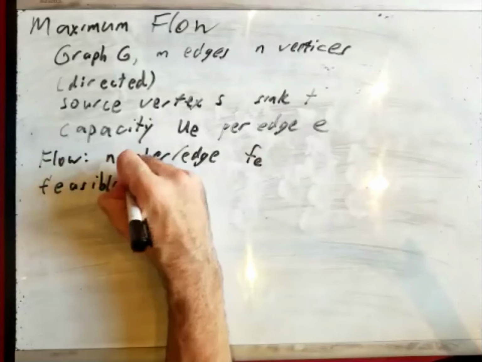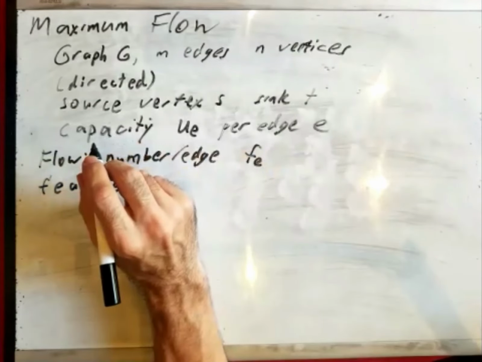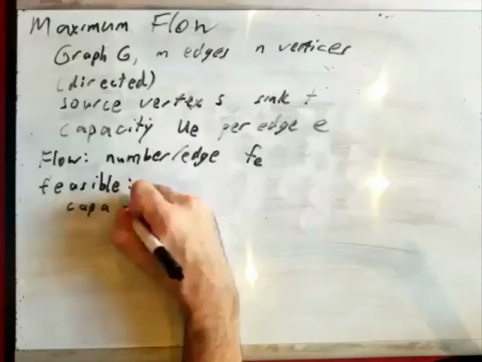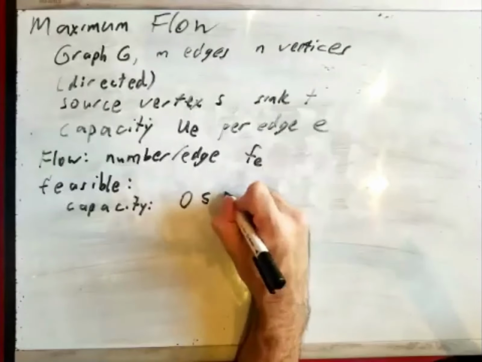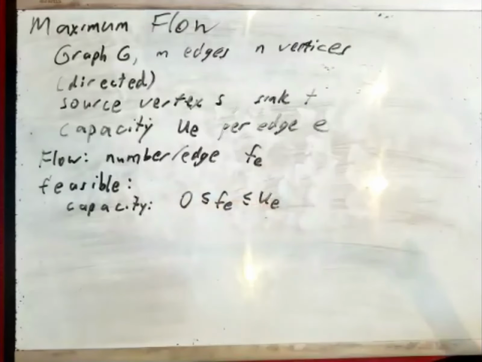So the definition of feasibility. If it obeys the capacity constraints, which says that the flow on each edge is positive, but at most the capacity of the edge.